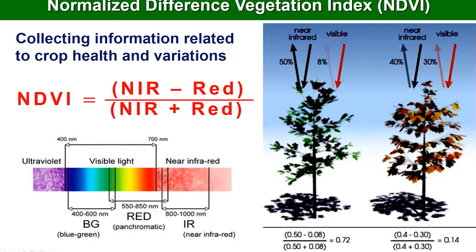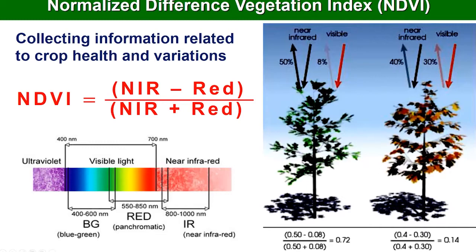Okay. So NDVI is calculated as near infrared minus red divided by near infrared plus red. Look, this is a healthy plant and this is a stressed plant. I don't want to say unhealthy because in fall, the plants are not unhealthy, they just fall.